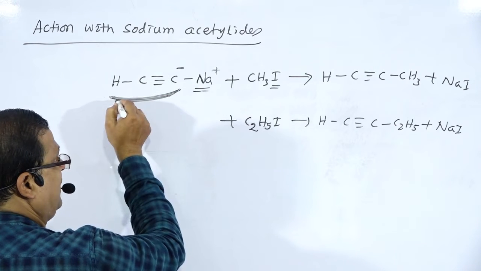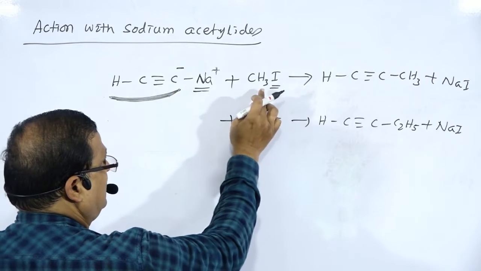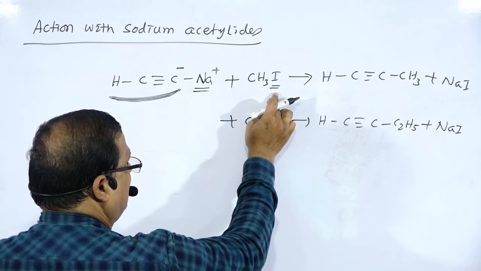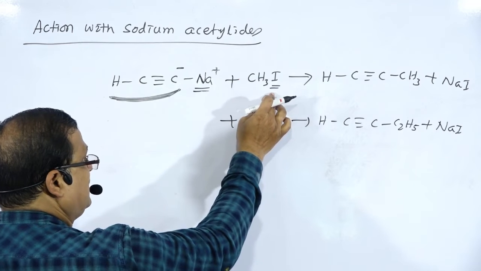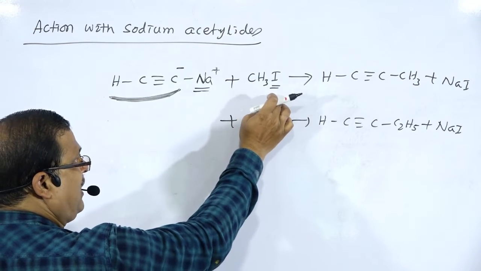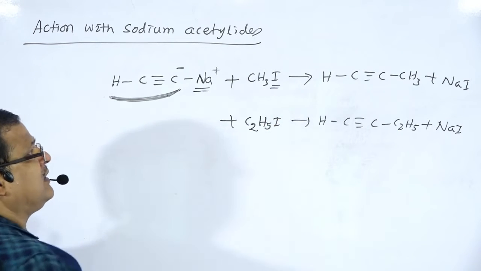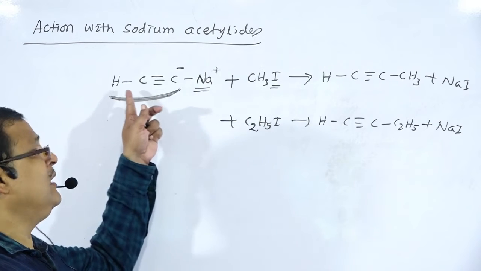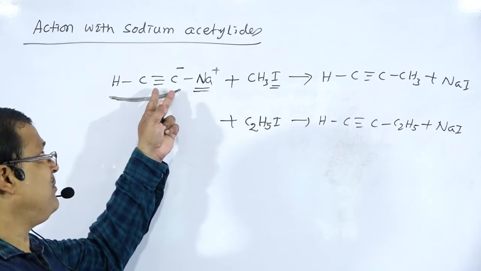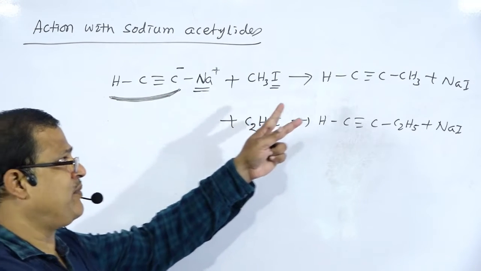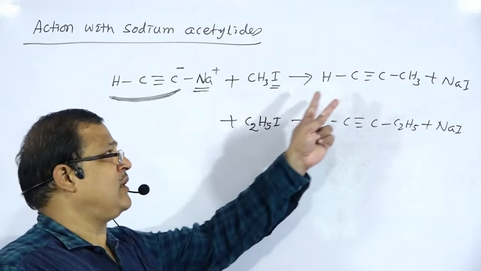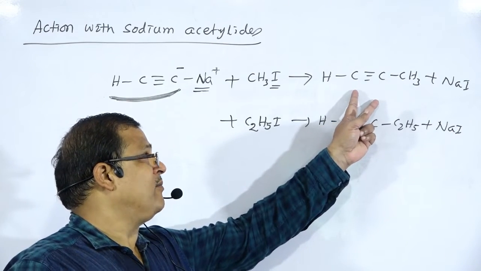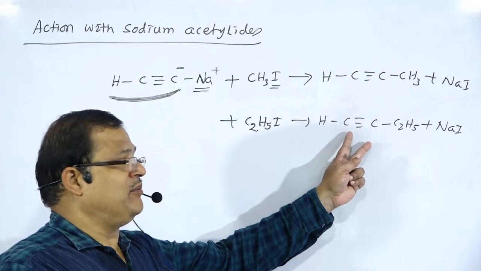This nucleophile reacts with methyl iodide and substitutes the iodine. The iodine part, that is the halide part, is replaced by the nucleophile CH triple bond C minus. So there is the formation of higher alkynes: we have taken ethane, next propane, or in this case butane.